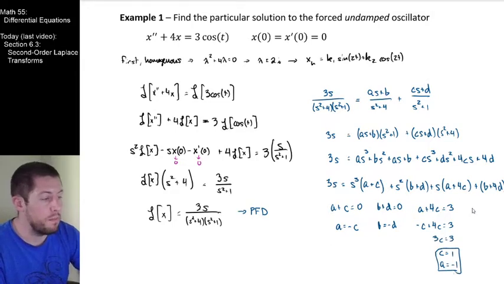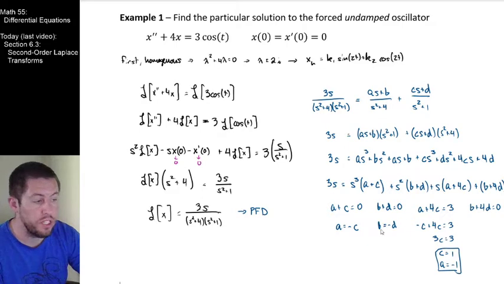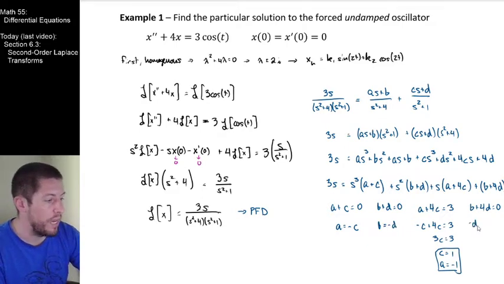It then also seems to me like I've got b plus 4d is equal to 0. So what else can I do over here now? It seems like I have b plus d equals 0 and b plus 4d equals 0. Well, I know a relationship between b and d. So negative d plus 4d equals 0. So 3d equals 0.